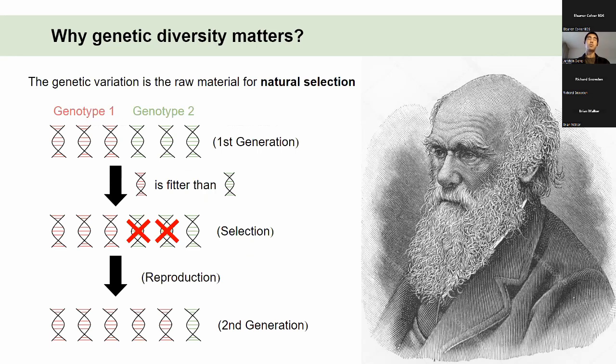So the individuals that carry genotype 1 will produce more offspring. So in the next generation, there will be more individuals of genotype 1. So the frequency of genotype 1 increases. So this is how natural selection works.